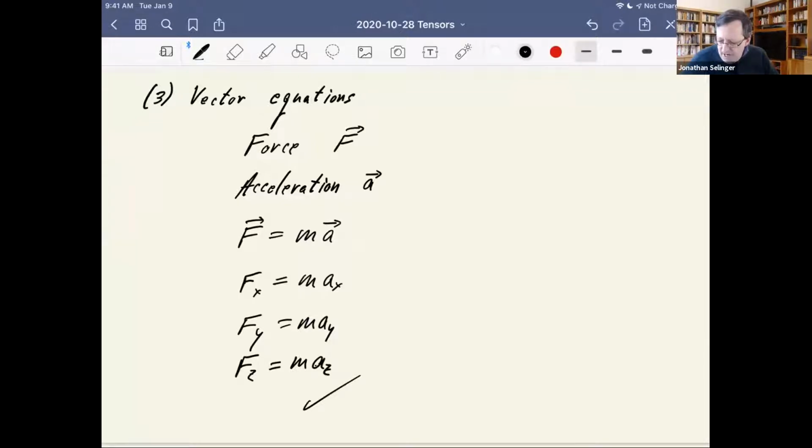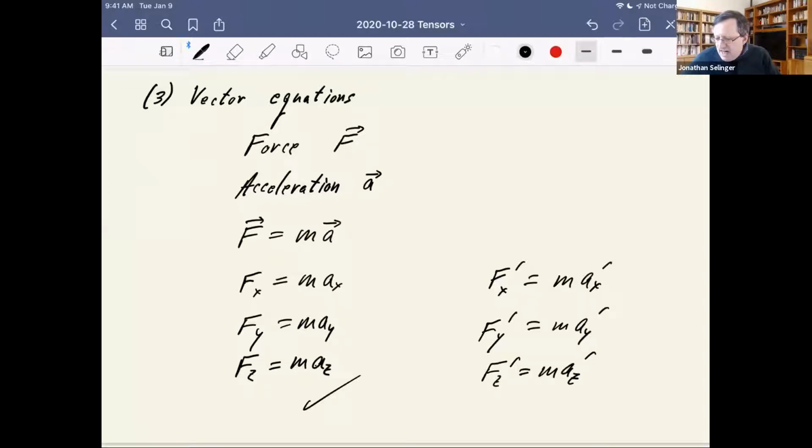So one guy checks that those things are all true. And then the other guy checks Fx prime is the mass times Ax prime. Fy prime is the mass times Ay prime. Fz prime is the mass times Az prime. Yeah, that works too.